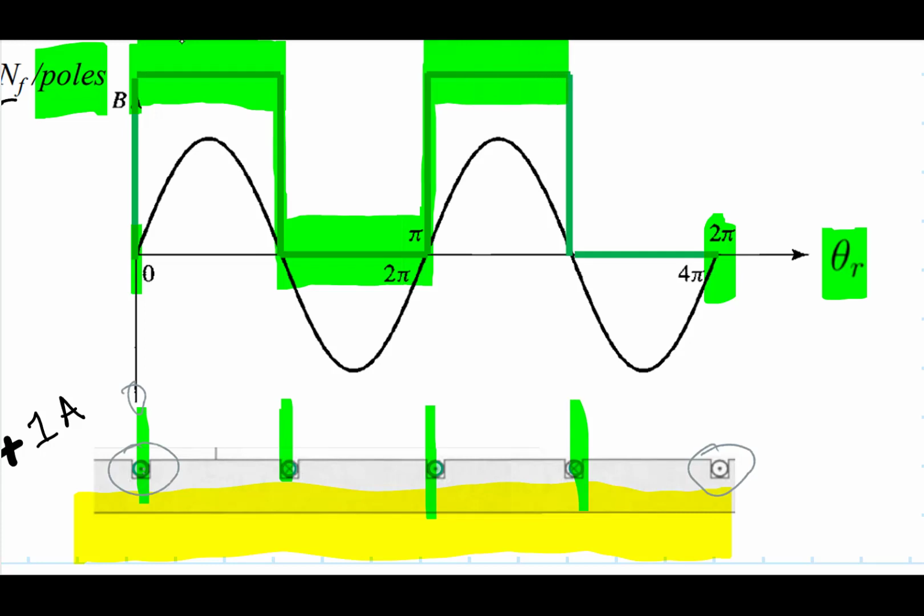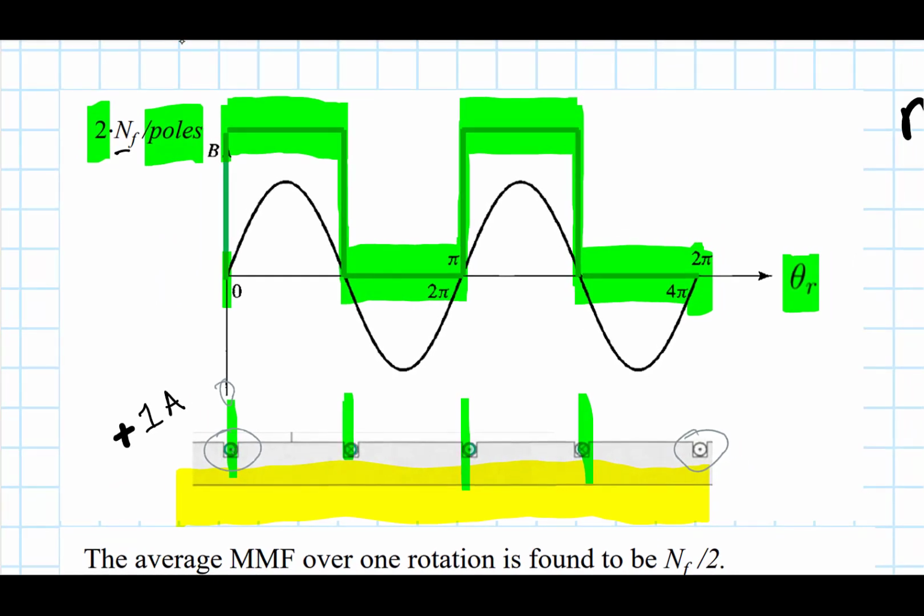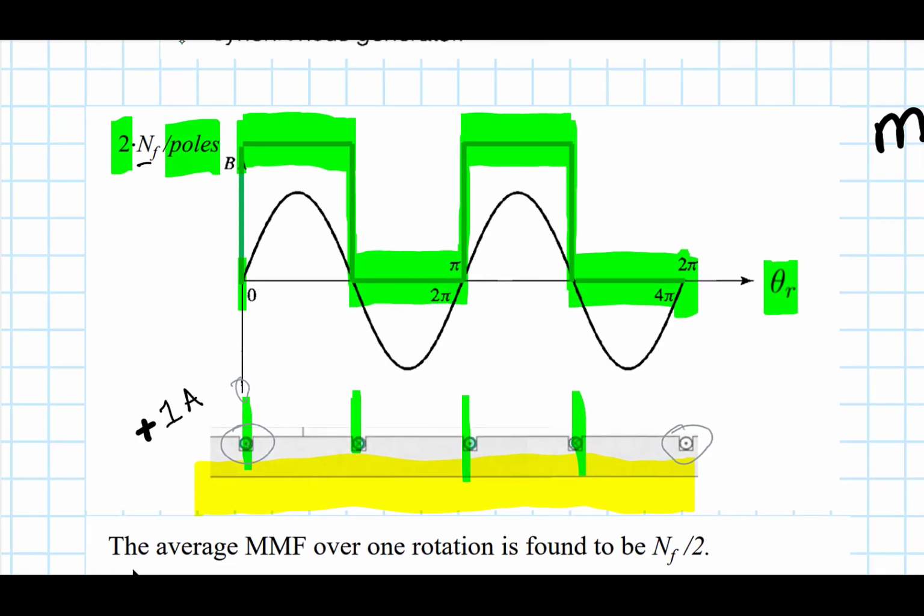It's going to stay there till we come back around to this one here where it's going in, and it's going to go back down to 0. And what we've done is we have created a function of magnetomotive force, or MMF, that is position dependent with respect to this position along the rotor.